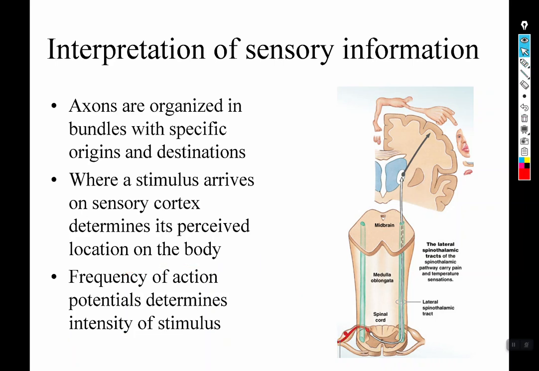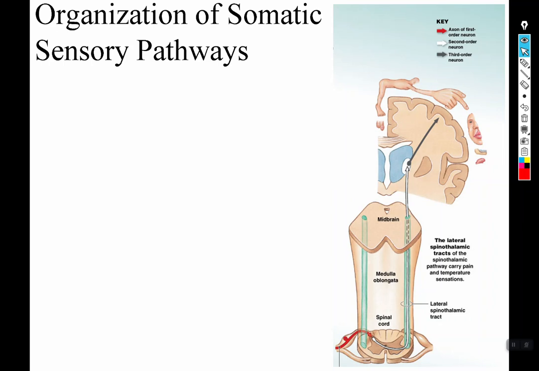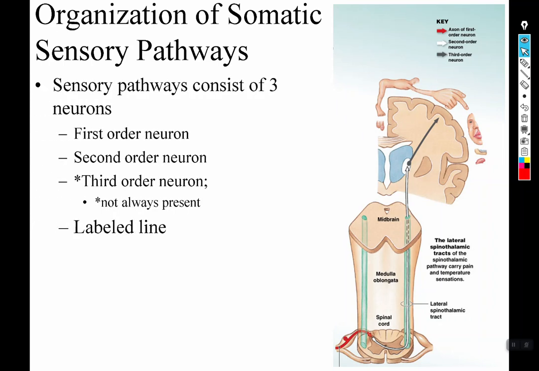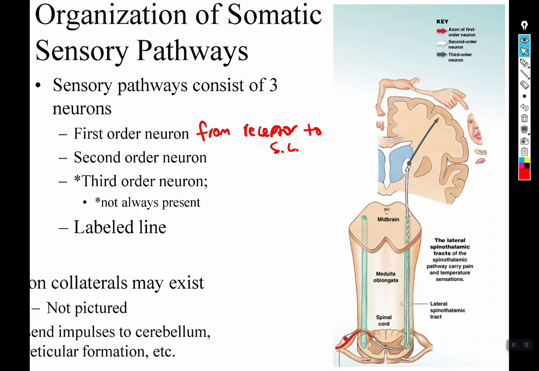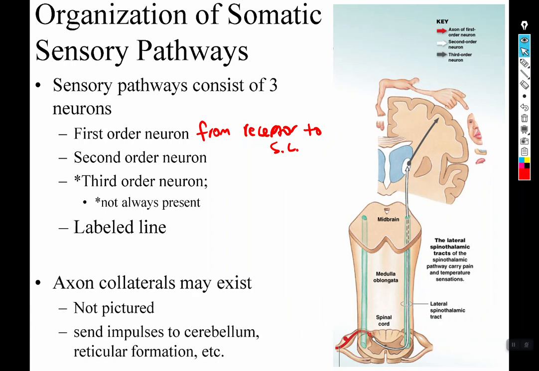So how are somatic sensory pathways organized? Well, I talked about the order neurons in the last page, and here we are. The first order neuron is from receptor to spinal cord. The second order neuron is from the spinal cord to thalamus.